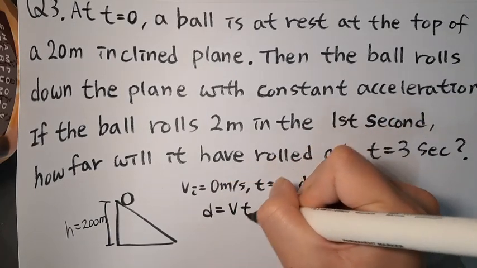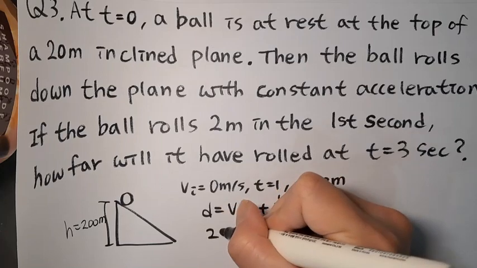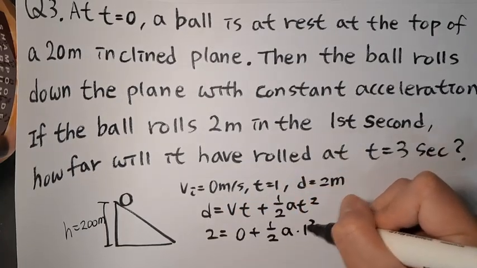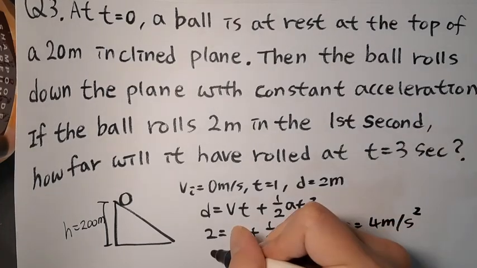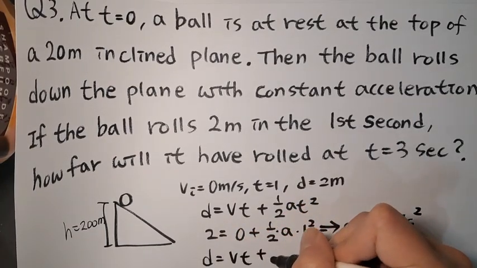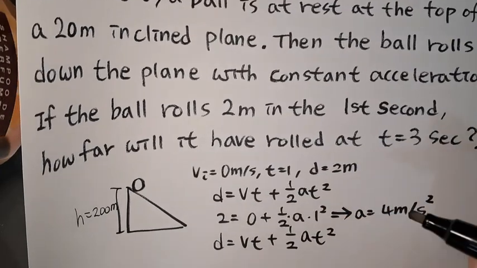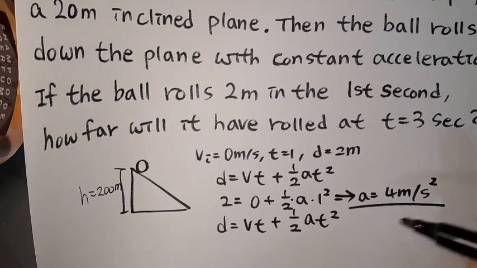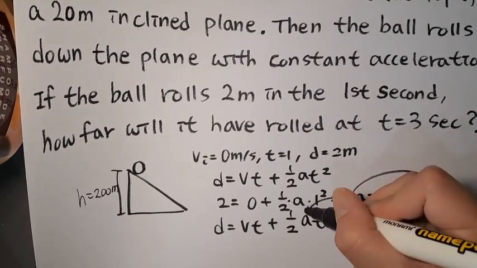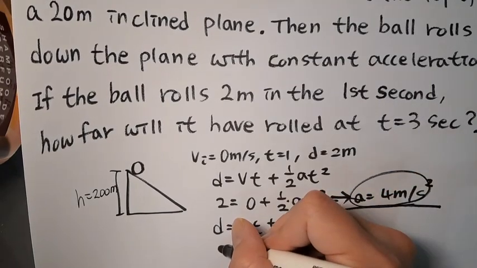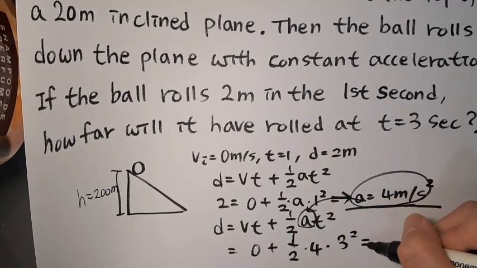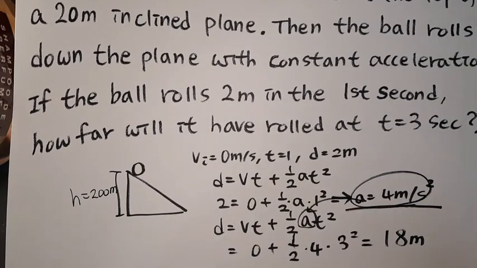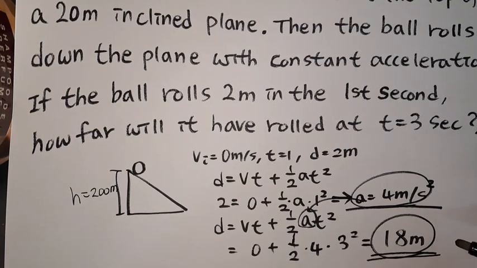So we are going to apply this equation. So 80 meters is going to be the distance the ball rolled.